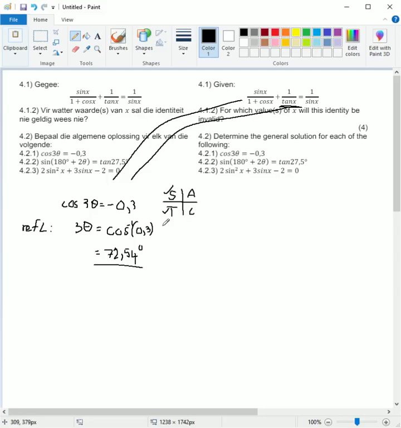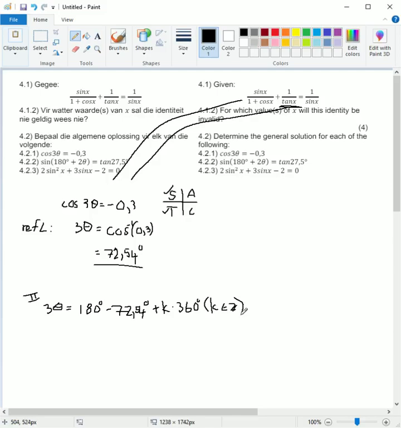So we're going to say we have a solution in the second quadrant, and that is going to say that 3 theta is going to equal, second quadrant is 180 degrees minus our 72,54 degrees, and then remember plus k times 360 degrees, since we are dealing with cos, and remember you have to tell me that k is an element of the integers.